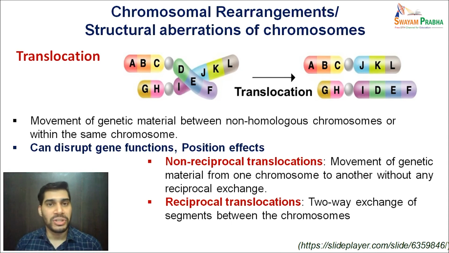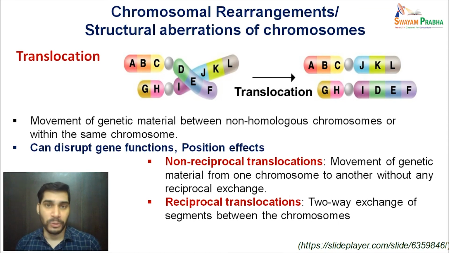Again, translocation can be of two types. One is called non-reciprocal translocation, where there is a movement of genetic material from one chromosome to another without any reciprocal exchange. So it is just like one-way traffic. From one chromosome, one part gets translocated to another one, but from the other chromosome, nothing comes to the first chromosome.